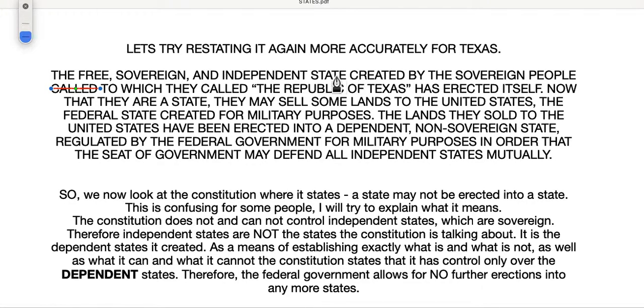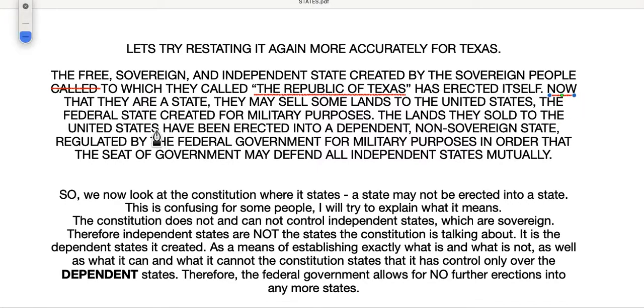So the free, sovereign, and independent people of the land of Texas erected themselves into their own state called the Republic of Texas. Now, this is a free, sovereign, and independent state government created by free, sovereign, and independent people under the Articles of Confederation.